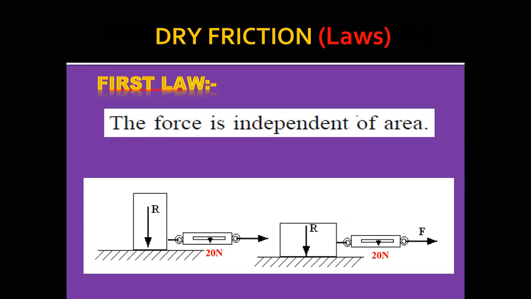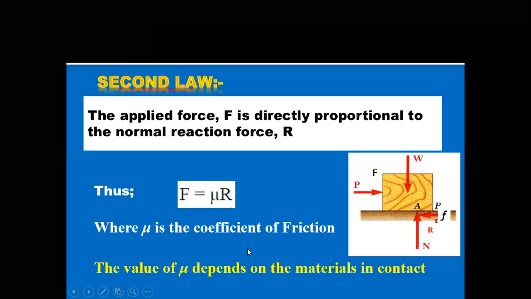So the force needed to drag this body just before it moves is the same force you need to drag this body. You need 20 newtons in each case to cause the object to move. But because the surface areas were different, it doesn't really mean that the force depends on the area; the force is independent of the area.